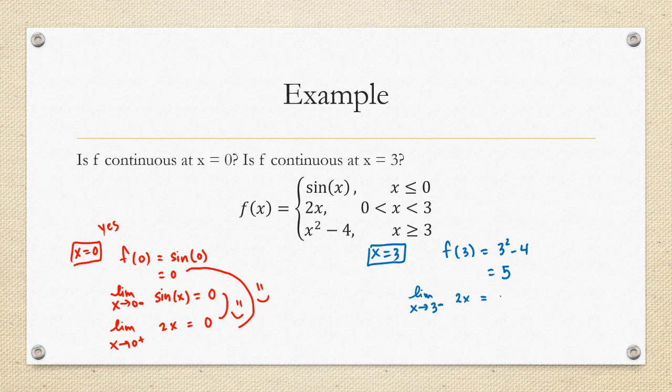So I would get 6. And if I'm a little bit bigger than 3, I would use x squared minus 4. And so I would get 5. These two do not match. So this is not continuous at x equals 3 because the limit fails to exist. So the answer for this part is no.